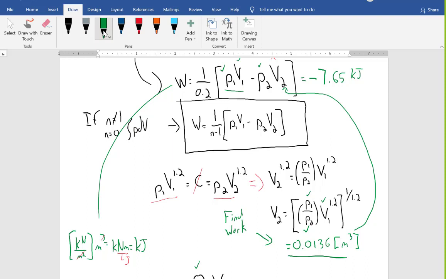I get a negative answer here because the pressure times the volume at the second state is bigger than the pressure times the volume at the first state. And this makes sense too, because I know from hip to win, work in is negative. In order for us to compress this gas, we're putting work in.